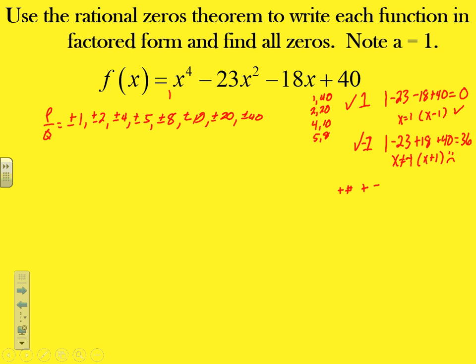Negative times a positive in the next term would be negative. And then we have a positive 40. So we have one sign change here and another sign change here. That tells me that there are two positive numbers that we could use as a root here. And we already got one of them, so that means there's one more. So if there are two positive numbers, odds are there are two negative numbers.